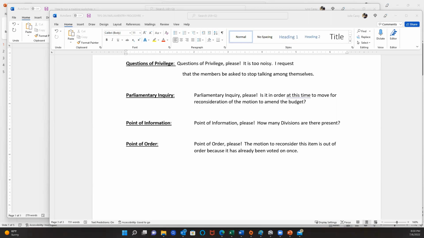Then Bob moves to form a committee to rename the publication. The chair rules that motion is also out of order. This item has been debated, discussed, and voted on. You can't come at it from different ways to try to change something that's already been decided.